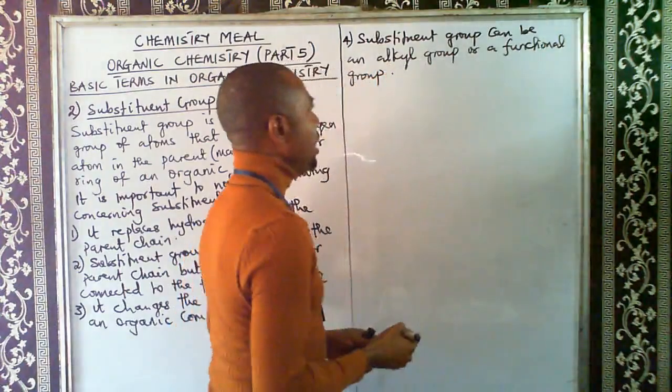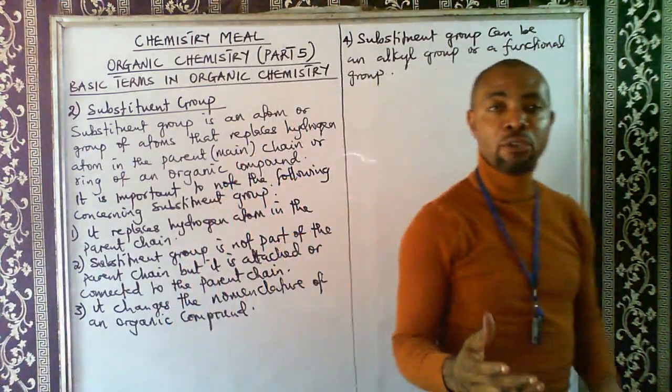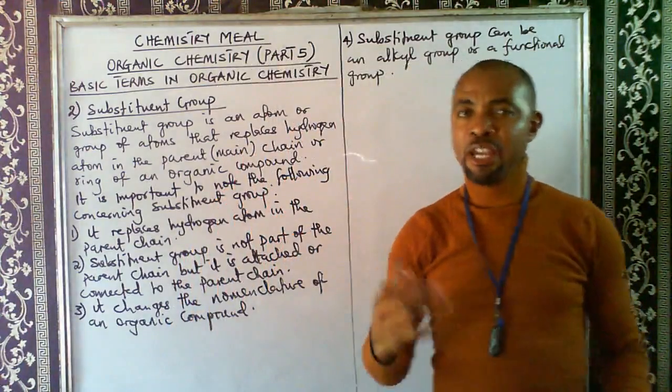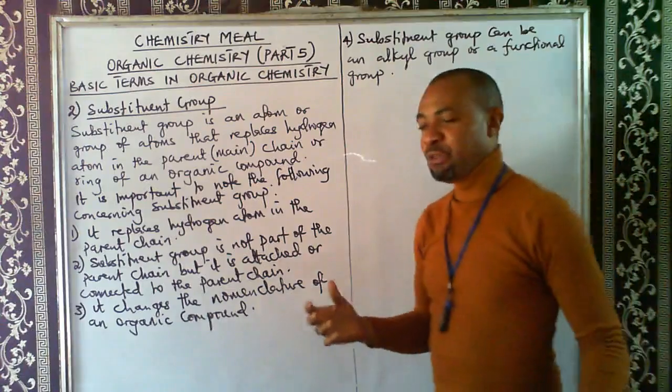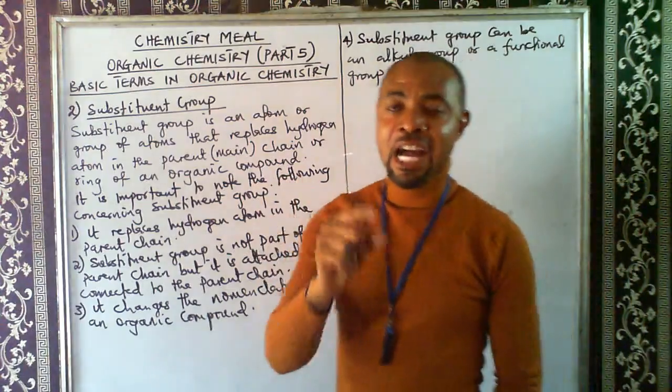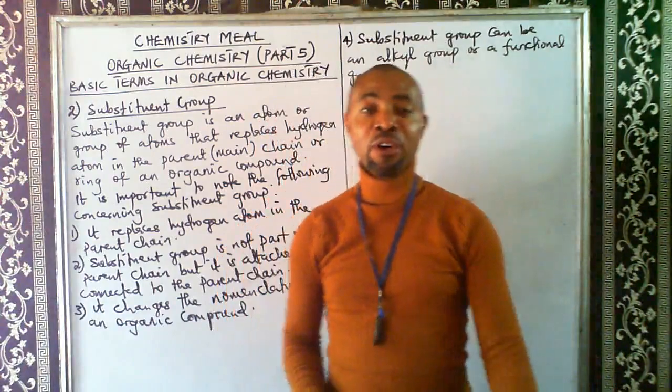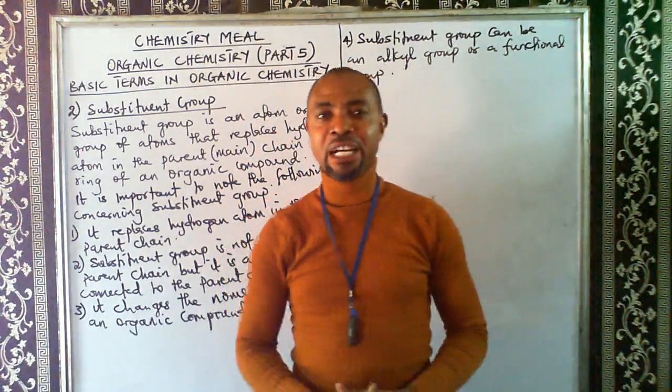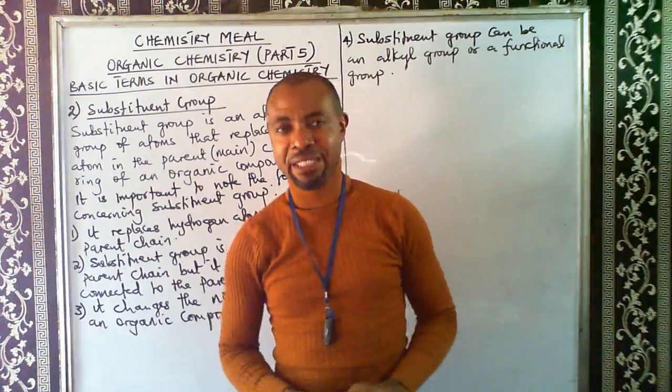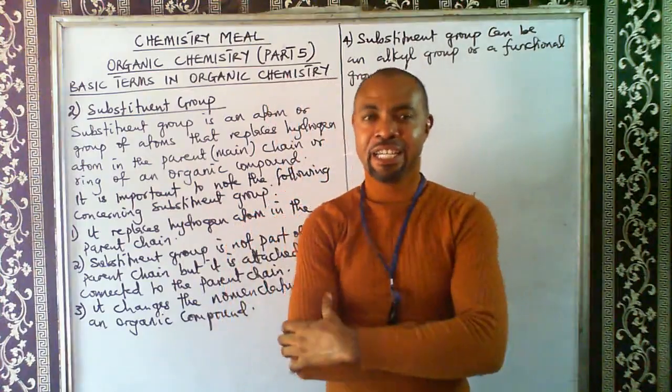So it's either a substituent group is an alkyl group or what? A functional group. You see it? So we are now going to start looking at alkyl groups and functional groups. But that will not be now. It's going to be in part 6 of organic chemistry.